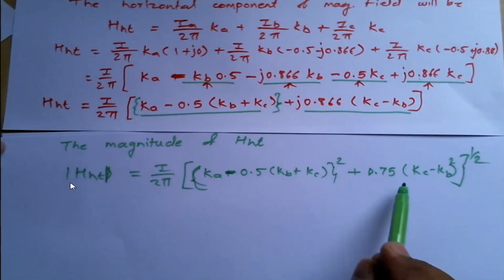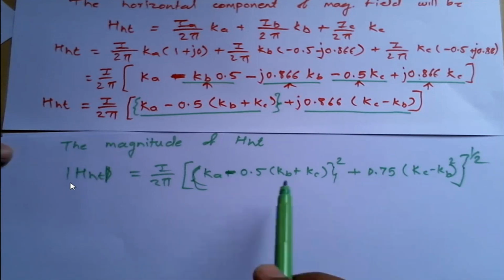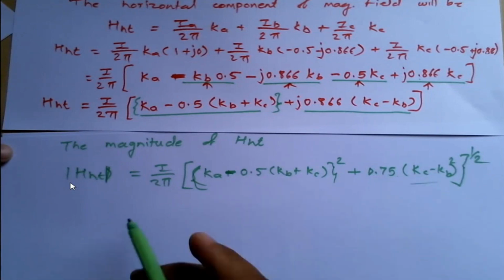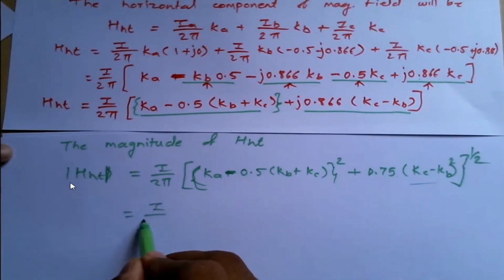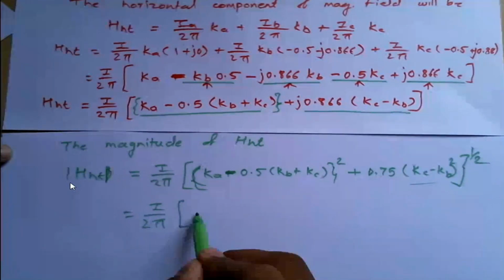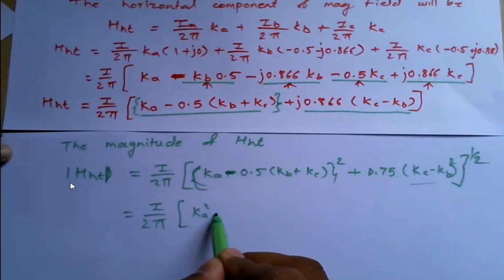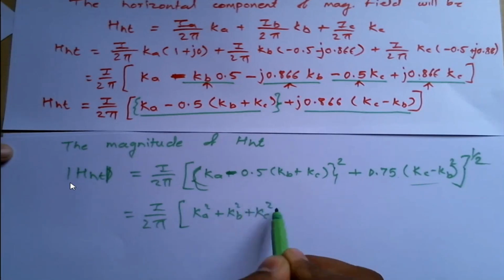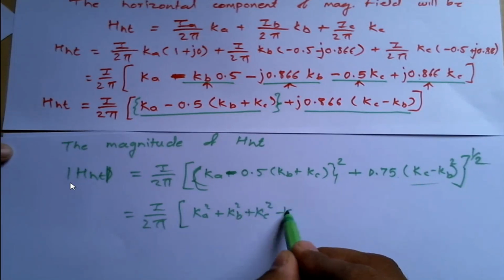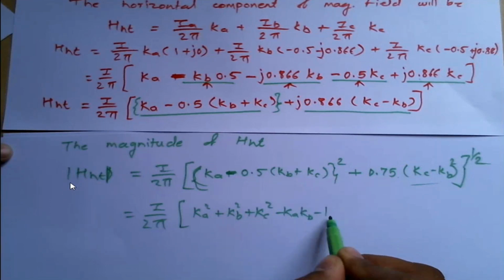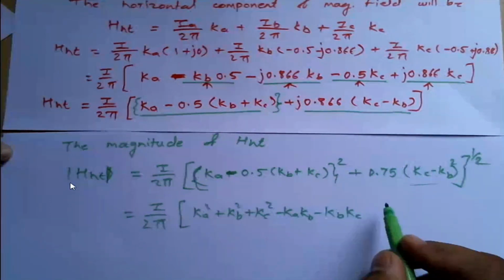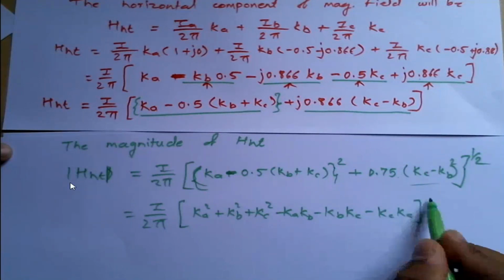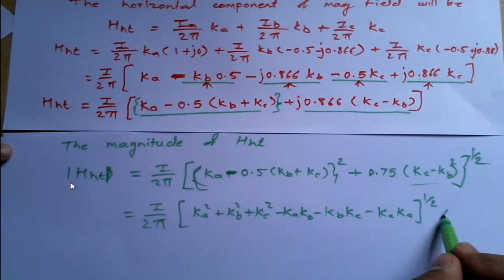If I solve this equation by taking the expansion of this term, finally I will get I upon 2 pi, inside the bracket Ka square plus Kb square plus Kc square minus Ka Kb minus Kb Kc minus Kc Ka, square root. It is in ampere per meter.